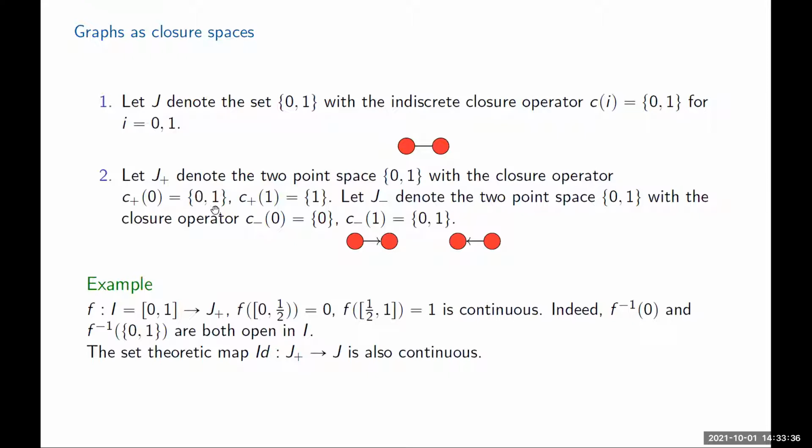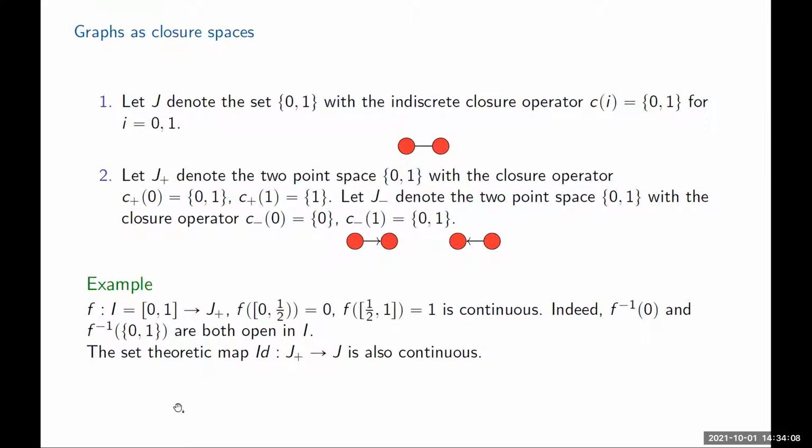These closures are pretty simple, so you can check that they're idempotent really quick. So you can just use the standard definition of continuity, and you can pretty fast deduce that the only open sets in J plus are just 0 and the whole set. Those are the only two open sets. So to check continuity, you just need to check that the inverse image of 0 is open and that the inverse image of the whole set is open. So this map is continuous.